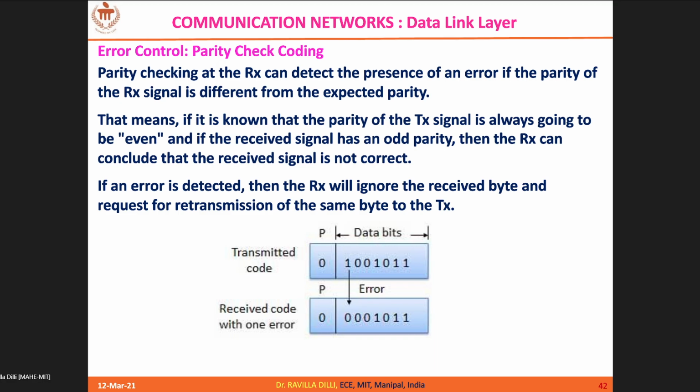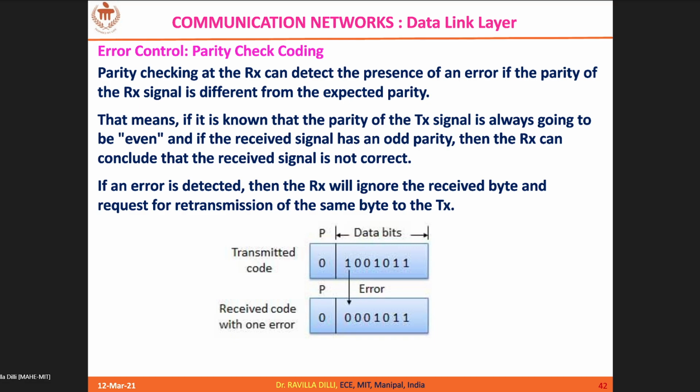So now what you should do is generate this parity bit. See this example: the number of ones in the data is even, so the parity bit is 0. At the receiver, if any particular bit is flipped, the number of ones changes, and that shows the error.